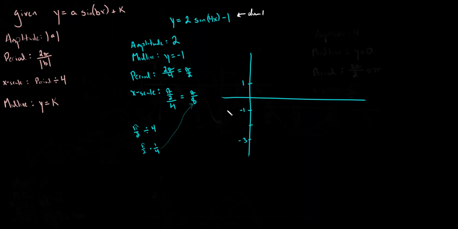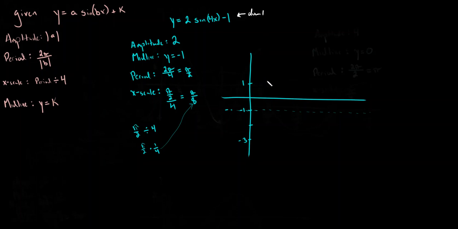Me personally, I like graphing the midline as a dotted line, so I have it as a reference point. You do not need to do that, but I find it helps for organizational purposes. That way I know I'm always returning to negative 1 and not 0, because that is a very common mistake. If the midline has changed, make sure you're returning to what the midline actually is. So that's our scale for y.